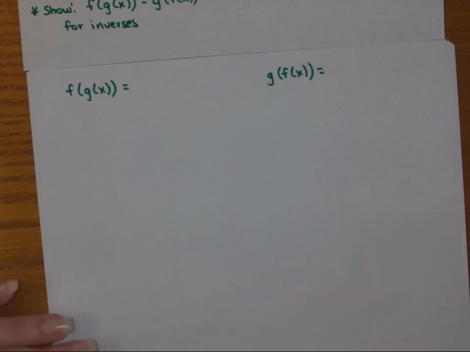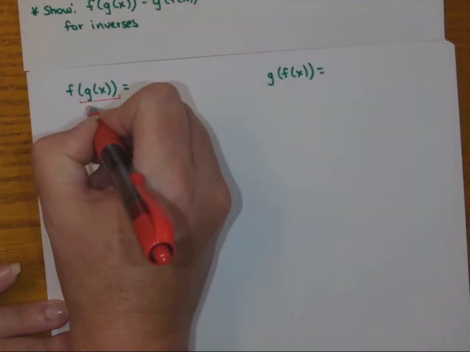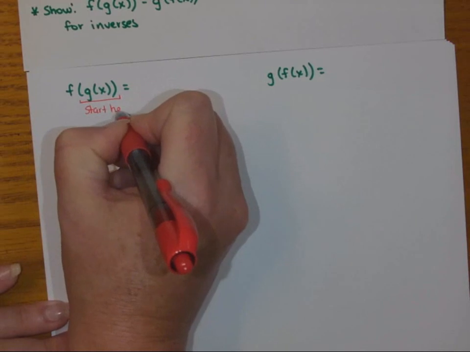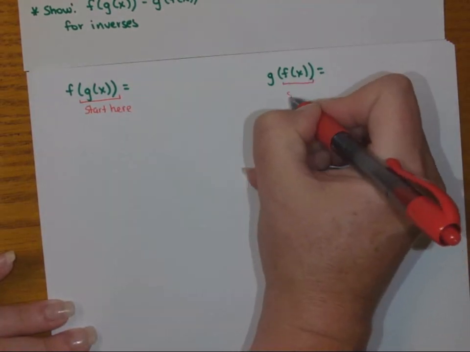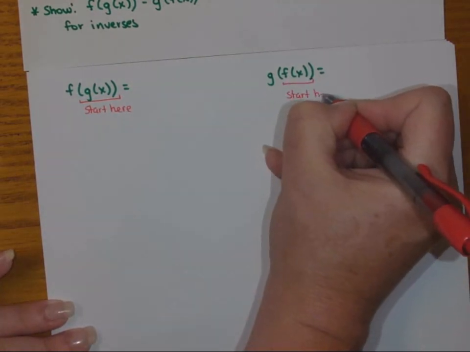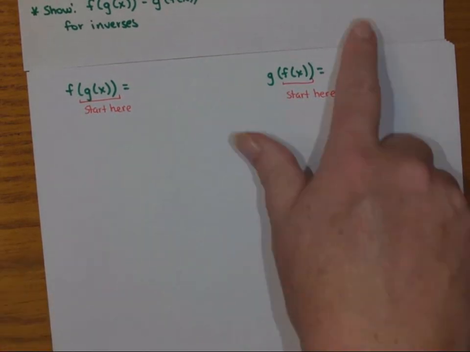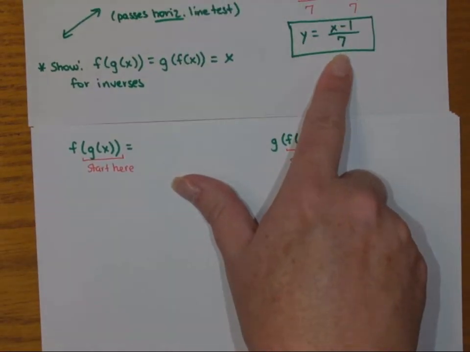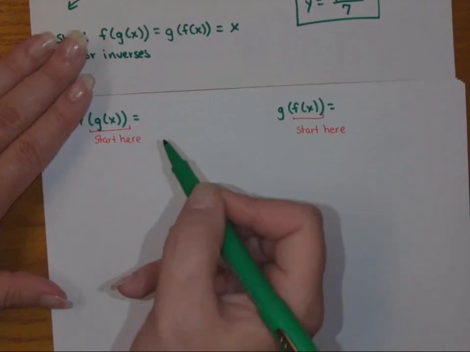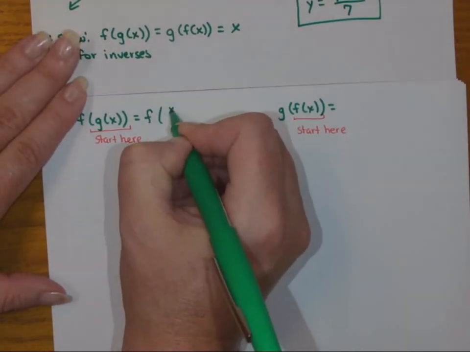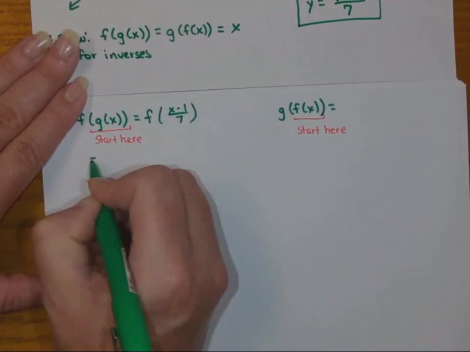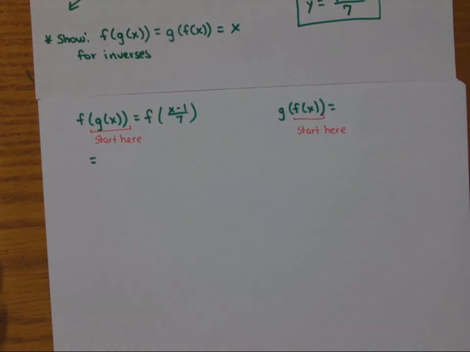So we always start on the inside. So here we're going to start with g, and here we're going to start with f. By the way, we're calling this our g, our answer right here. So f would be f of the answer we got there, x minus 1 over 7. So that means plug it in, right?